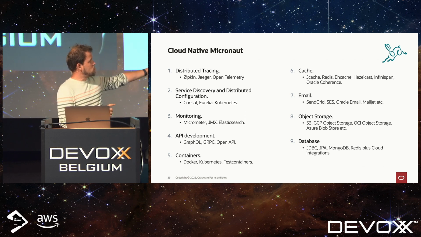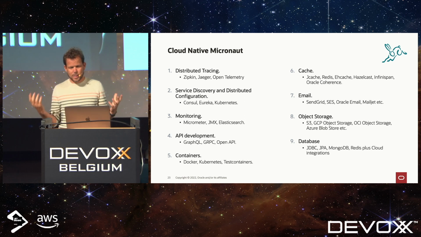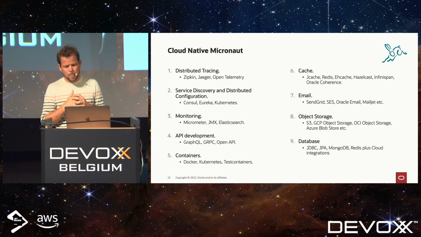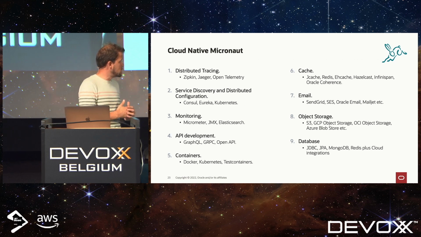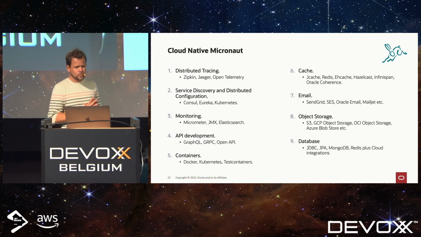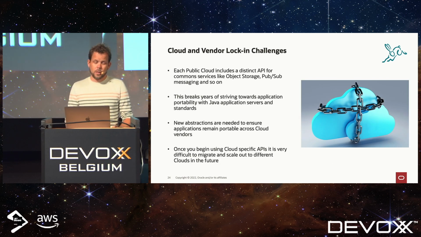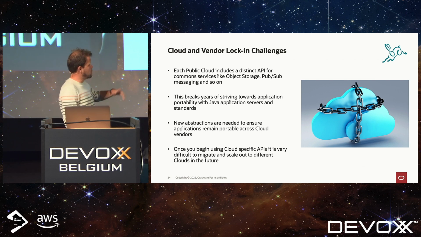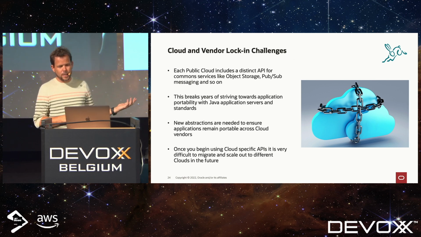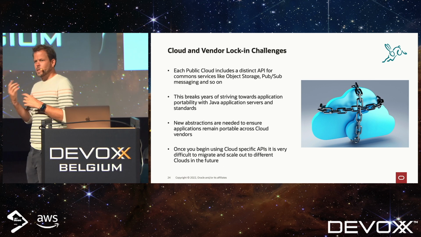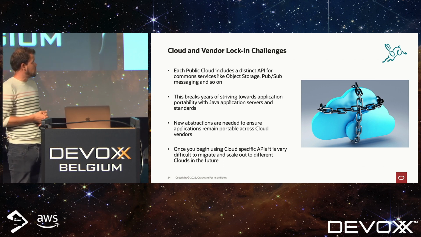And then we also provide abstractions over various cloud services. So a lot of clouds have caching services, they have email services, object storage, database, etc. And for each of these, there is a way to write your application without coupling you to the cloud service. Each public cloud has an API that they expose, an SDK, and it's very easy to import the SDK and write all your application and couple it to the cloud SDK.